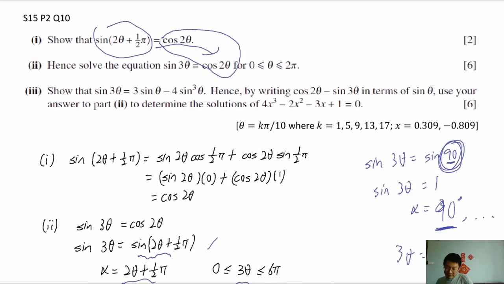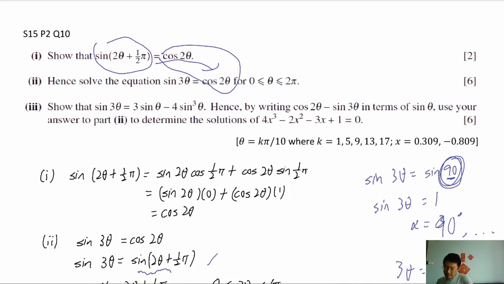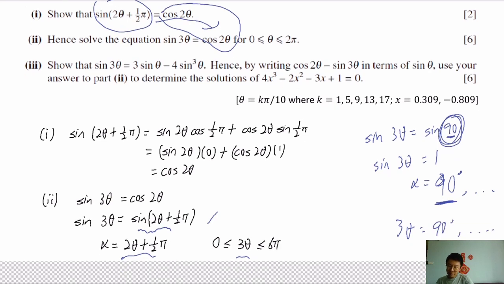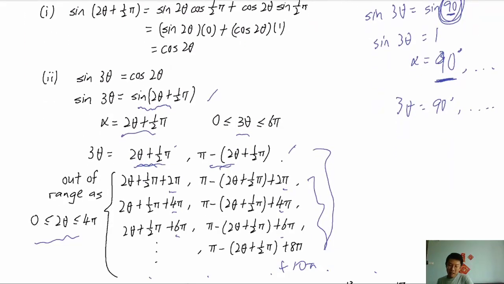So in this question, Brian asked whether this alpha that we have is greater than 90 degrees. In this case, yes, because theta is from 0 to 360, so definitely this is greater than 90 already.